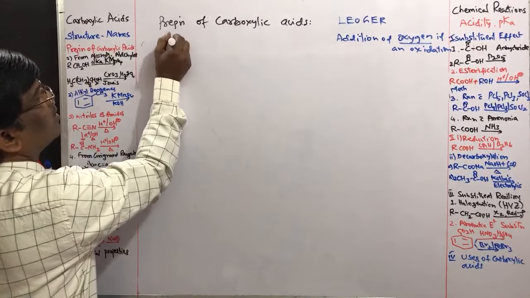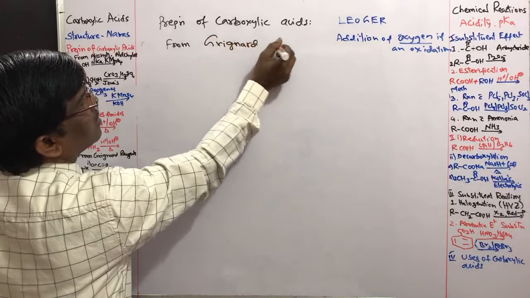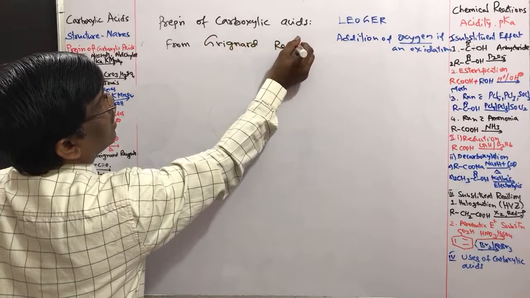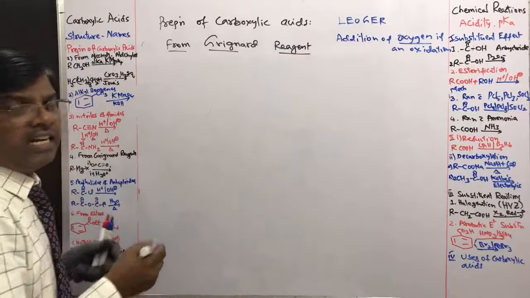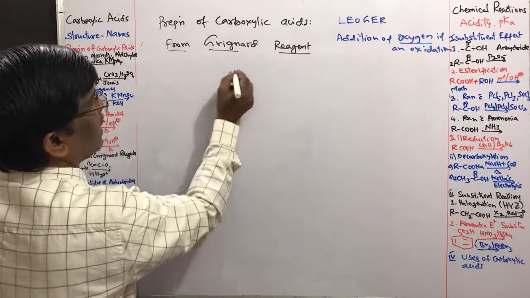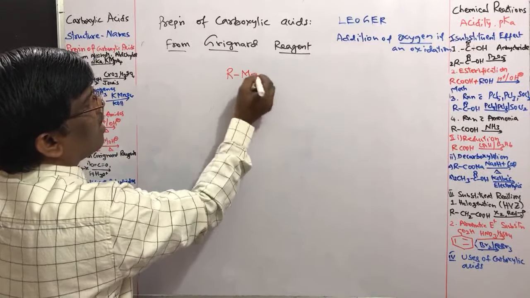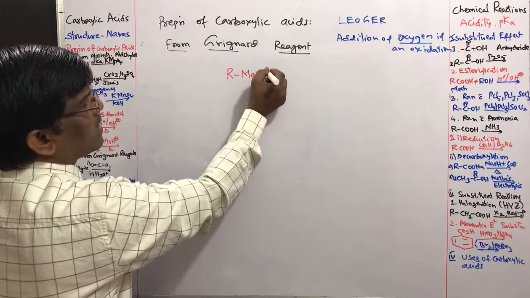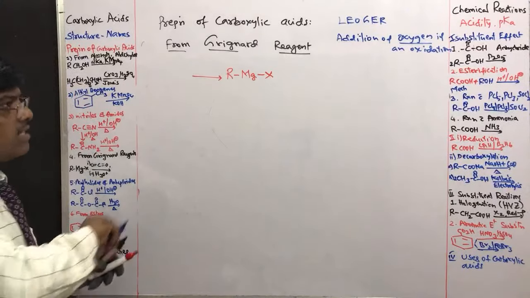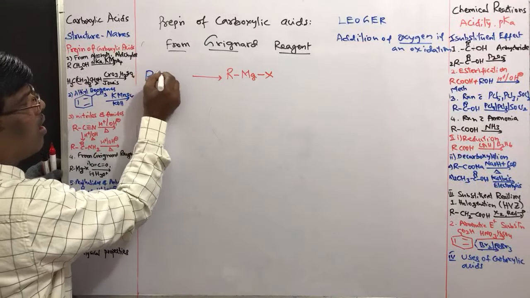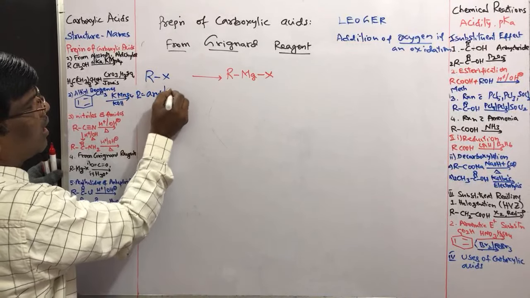Grignard reagent is alkyl magnesium halide or aryl magnesium halide. Alkyl or aryl magnesium halide is a Grignard reagent. How to get this? It can be obtained from R-X, where R is an aryl or alkyl group.